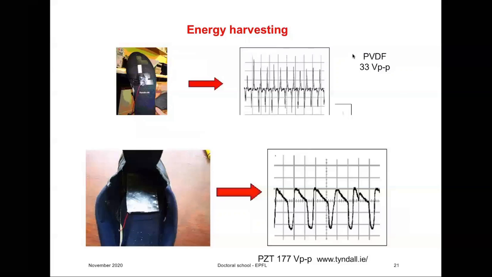So you can harvest that mechanical energy and transform it into electricity. By energy harvesting we usually mean the transformation of one type of energy into electrical energy. We can harvest solar energy, mechanical energy, gravitational energy, and transform it into electrical energy. And you can do this easily with piezoelectrics.